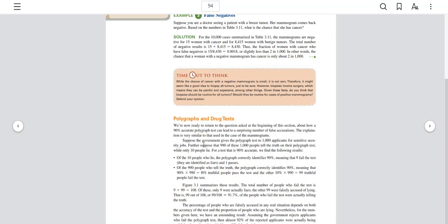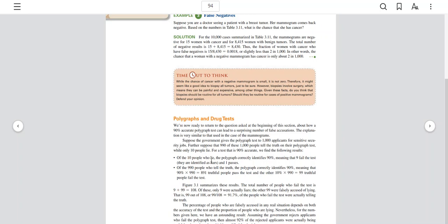So they do the drug test and they say, further suppose 990 of these 1,000 people tell the truth on their polygraph test. So up front, we're saying that we know a little bit about what's going on here, right? So 10 people lied out of these 1,000 people. Now, the test itself is 90% accurate.